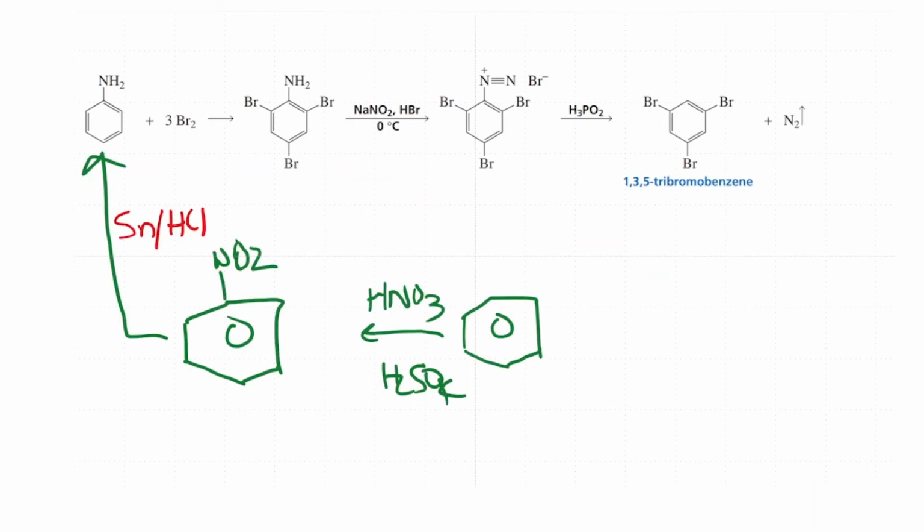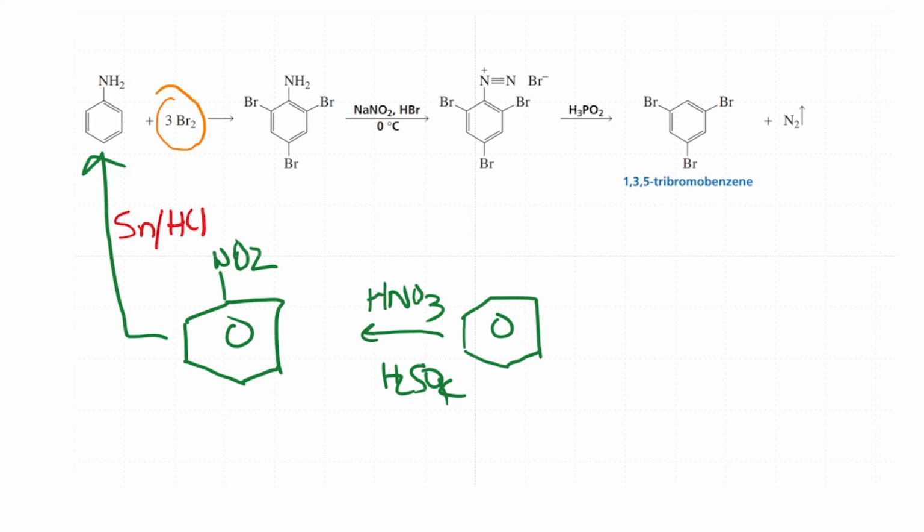So the strategy that we can propose is that we start with aniline. If you add bromine to aniline, we've already looked at in class that you get 2,4,6-tribromoaniline.